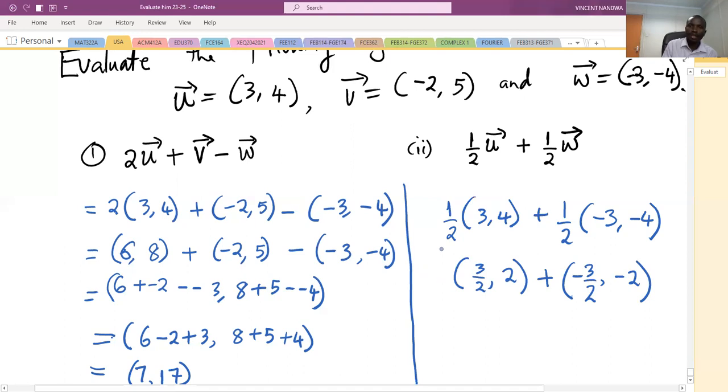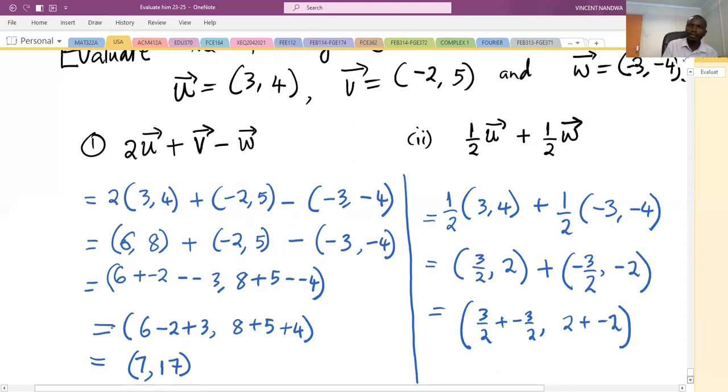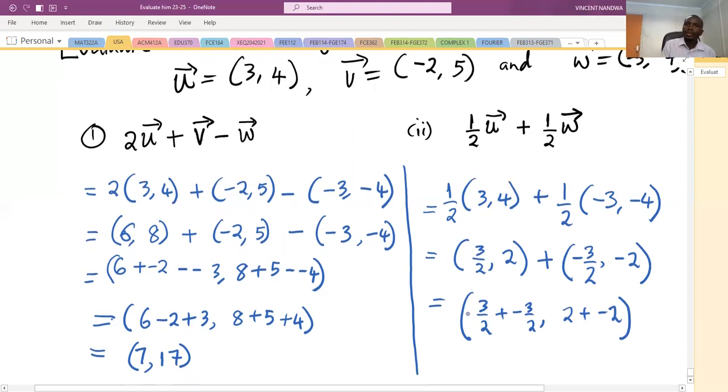And then you add corresponding elements: 3 over 2 plus -3 over 2, and then 2 plus -2. This is 0, and this also 0. So u plus w results in a 0 or null vector.